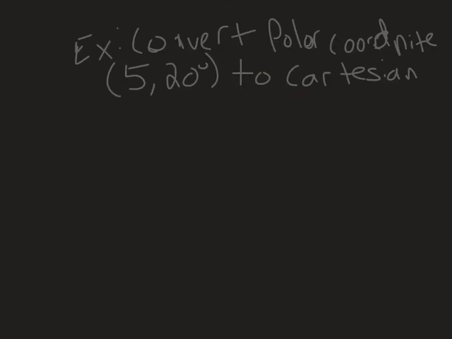So let's do an example. If I'm given the coordinate as a polar coordinate, 5 and 20 degrees, and I want to convert that to a Cartesian coordinate. Well, the first way I would do this is first, let's take a visual approach before we take the formula approach. So I'm going to recreate this. What this is telling me is that I go 5 units away from the origin in total distance, and it's at an angle of 20 degrees.